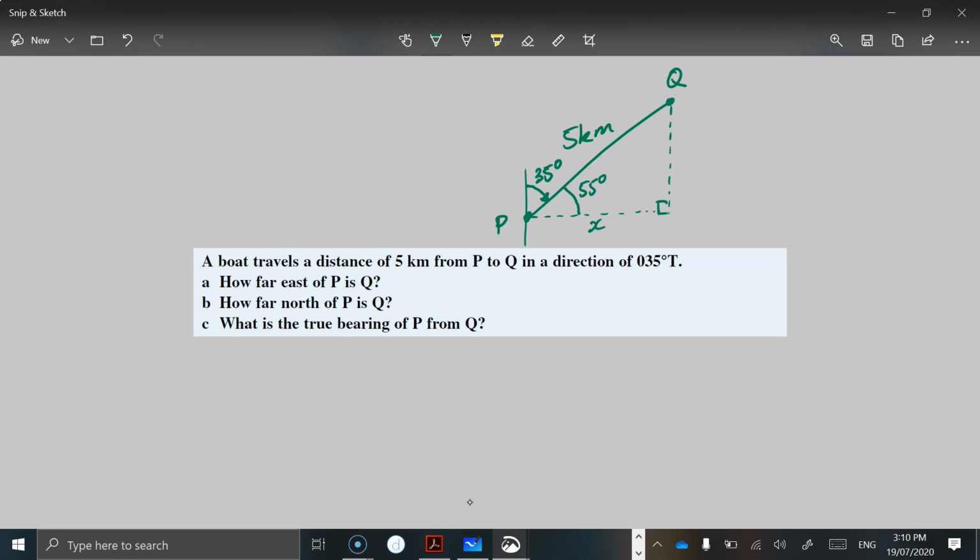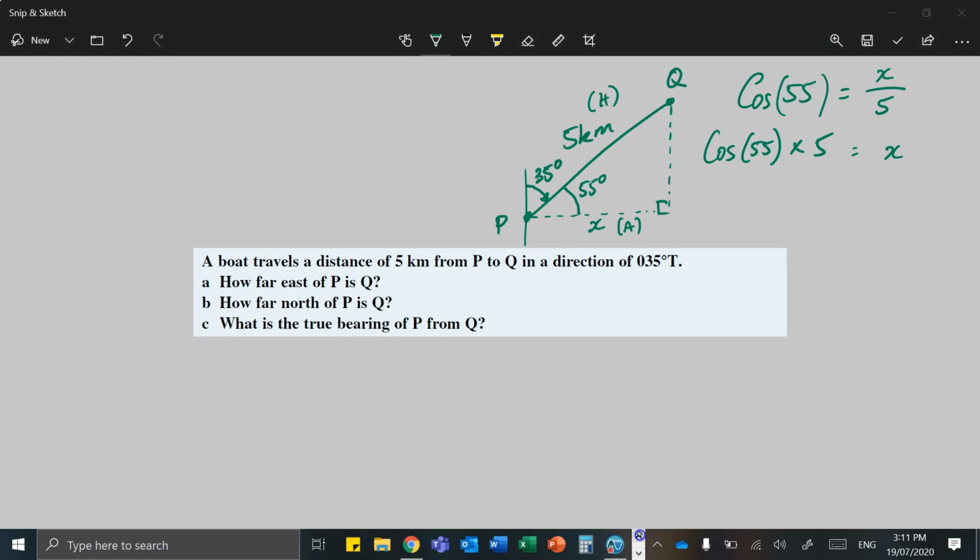We can then use trigonometry to work out x, which is your adjacent. We've got the adjacent, and 5 is our hypotenuse, so we're going to use cosine. Cosine of 55 is equal to adjacent over hypotenuse. So x is going to equal cosine of 55 times 5.